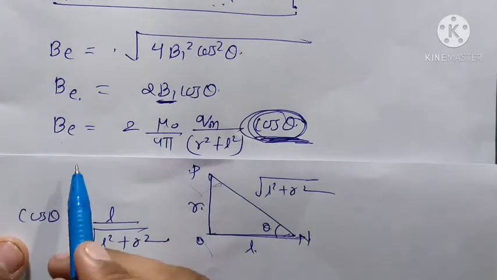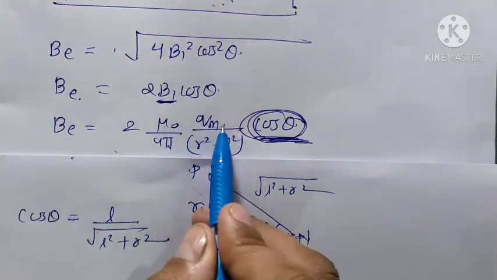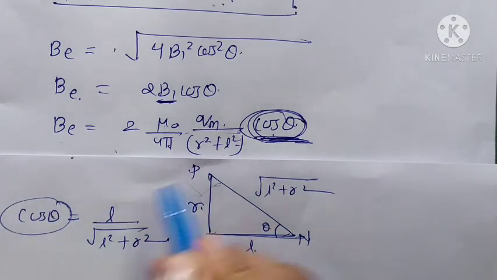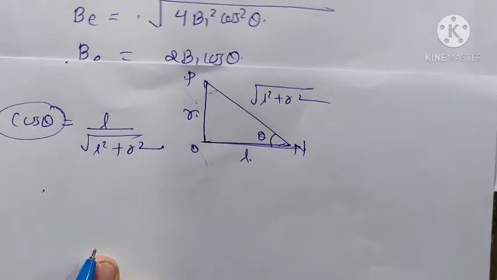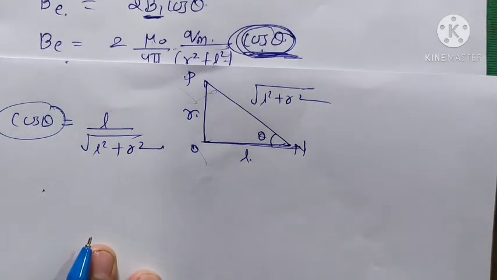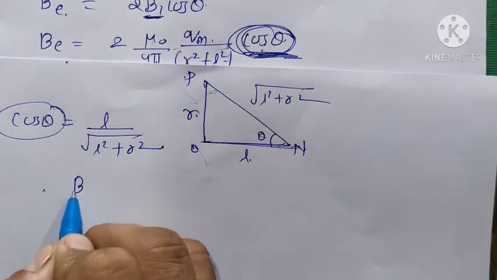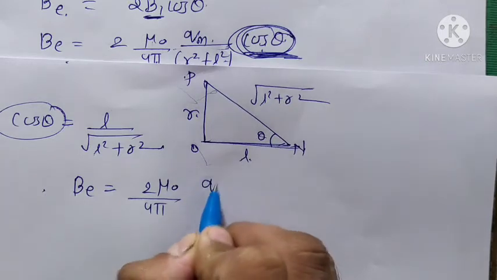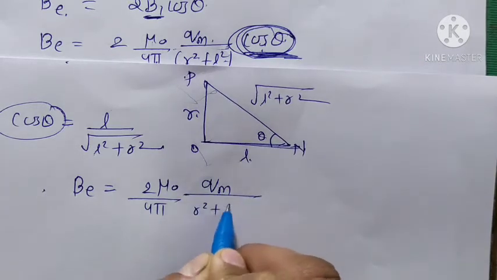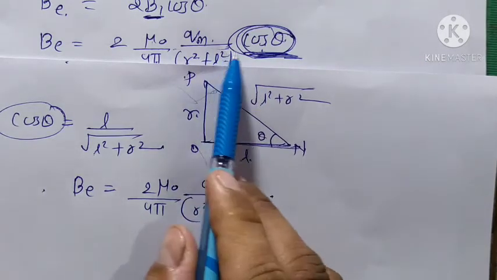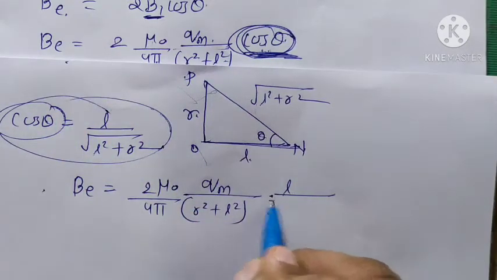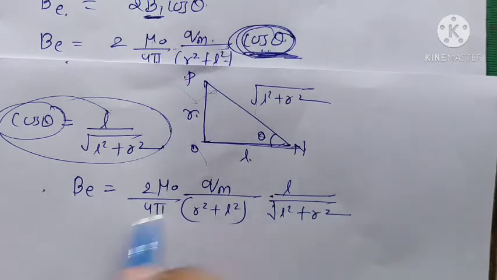We already have this formula: B_E is equal to 2 mu naught qm upon R square plus L square, cos theta. So we have the value of cos theta and we put this value here. Finally B_E is equal to 2 mu naught upon 4 pi, qm upon r square plus L square, and the value of cos theta is L upon under root L square plus R square.